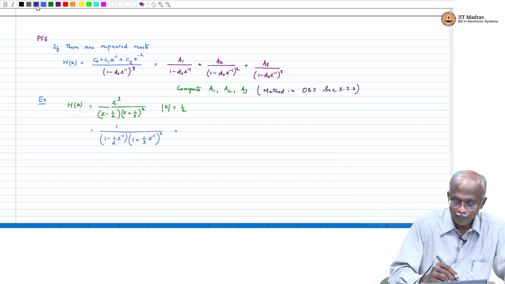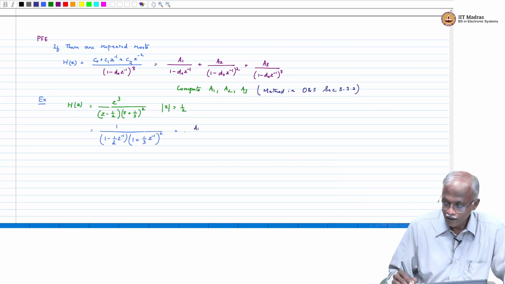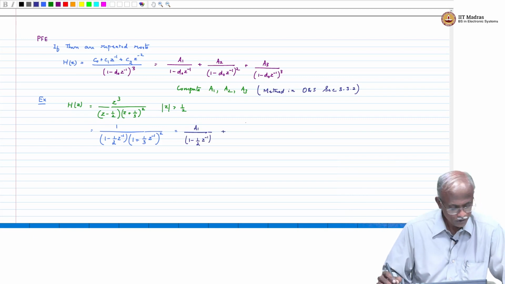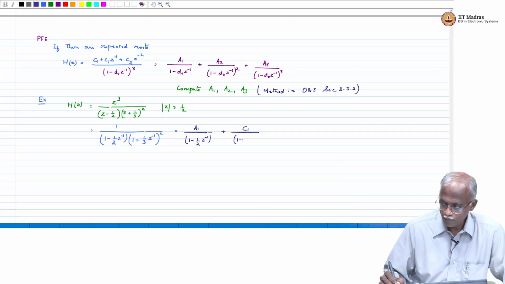This is going to be a1 divided by the first term, 1 minus 1/2 z inverse. Now I'm going to have to deal with the repeated roots, so I'm going to call them c1 divided by 1 plus 1/3 z inverse, plus c2 divided by 1 plus 1/3 z inverse whole square.